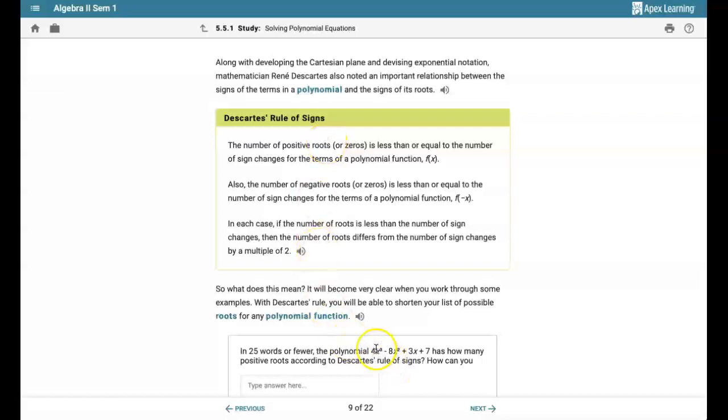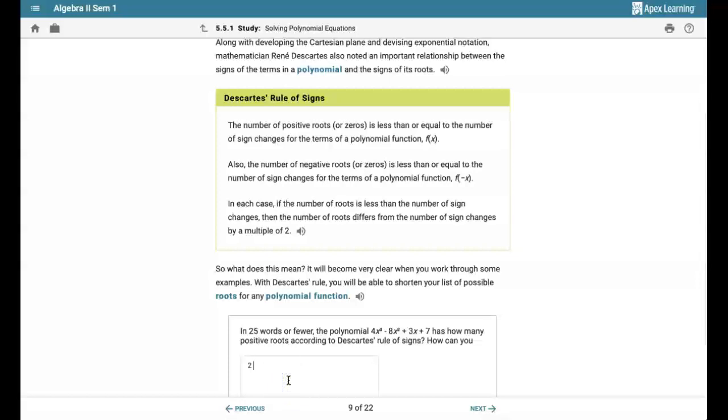Positive to negative is 1 change, negative to positive is 2 changes, and then positive to positive. So I'm going to have 2 or fewer real roots, because it's less than or equal to the number of sign changes.